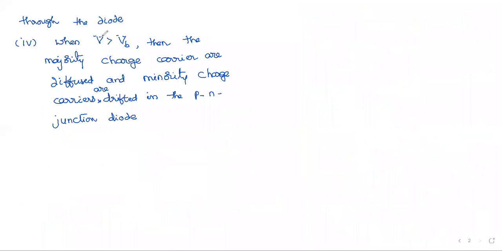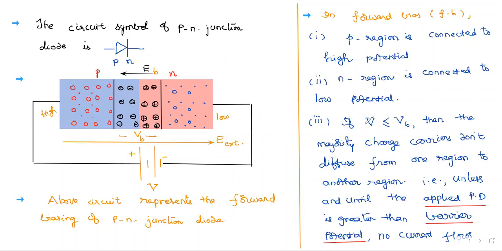This is what I said when the applied voltage is greater than the barrier potential. When the applied voltage is less than the barrier potential, I think there is no doubt. Majority charge carriers won't diffuse; minority charge carriers, of course, may drift to the other region. But since majority charge carriers are not diffusing, there is no need to discuss such a point here in case of V less than or equal to VB.